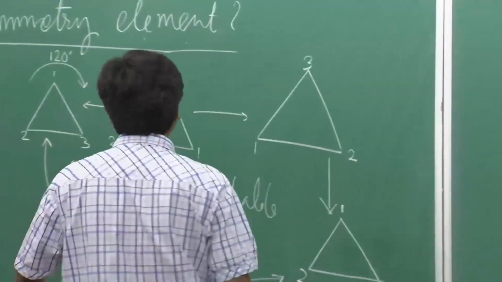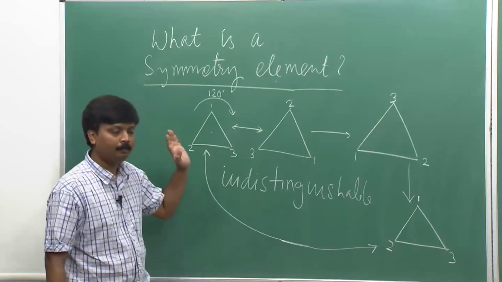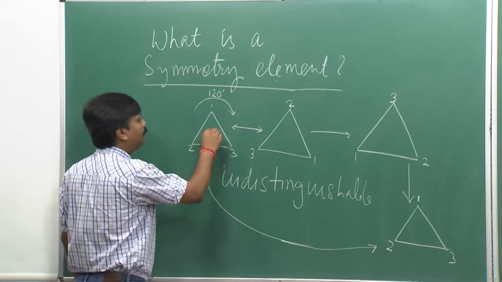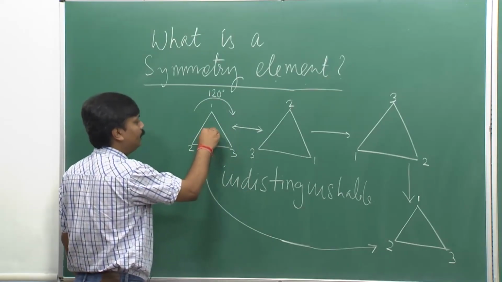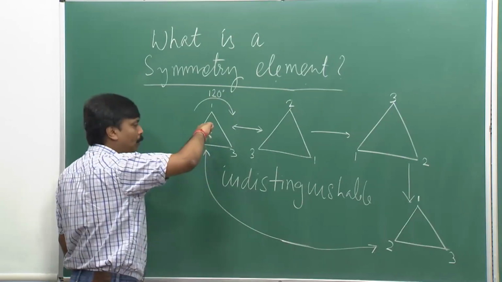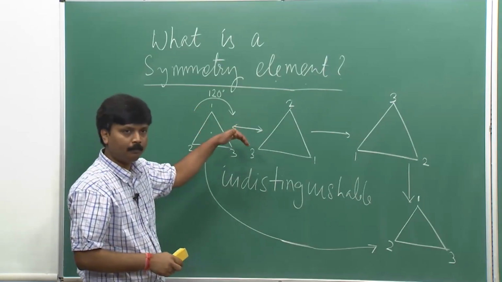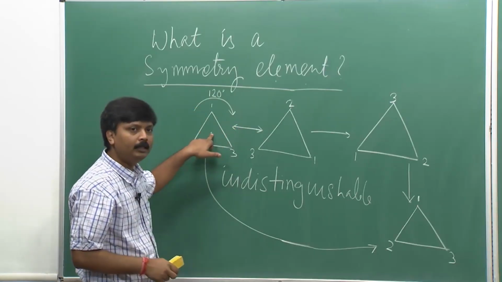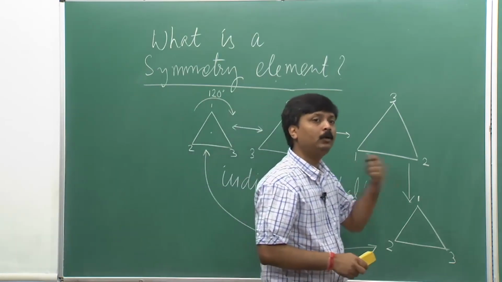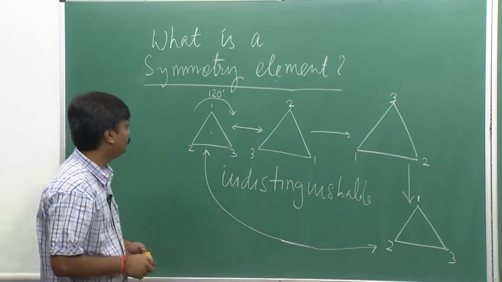So symmetry operations are done about that symmetry element. Here we were giving a rotation about the axis which is toward you. About this axis I am doing a symmetry operation called rotation, and this axis is called a symmetry element, a rotational axis. We will talk about that in detail in the following classes.